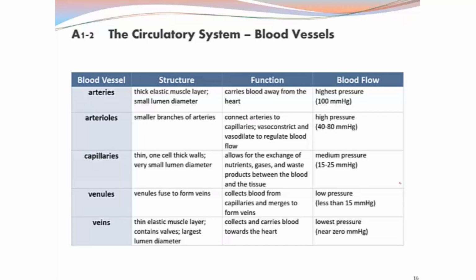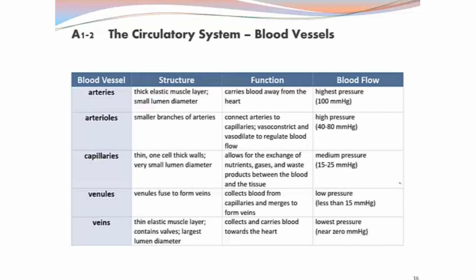This is a site of nutrient exchange, as well as waste products from the blood that come from muscle tissue. Once again, we see exchange of oxygen to the muscles, and the muscles in return give carbon dioxide. This is also a spot where we give nutrients and take waste such as lactic acid away from those muscles. So the capillaries are the spot that connects to our muscles.